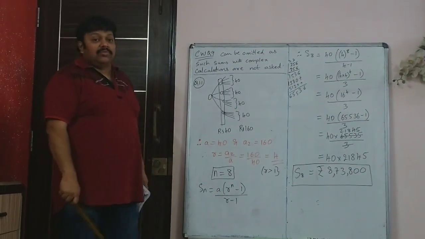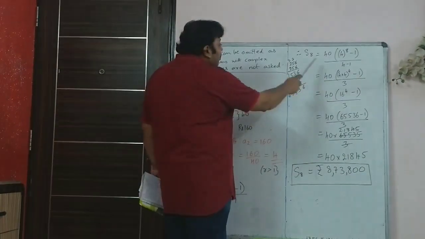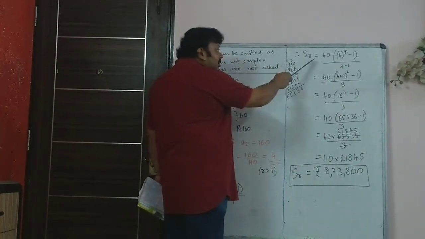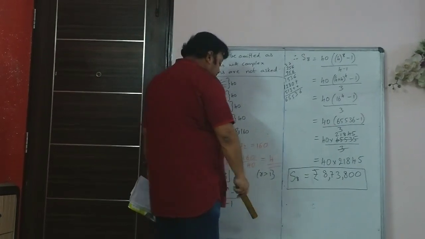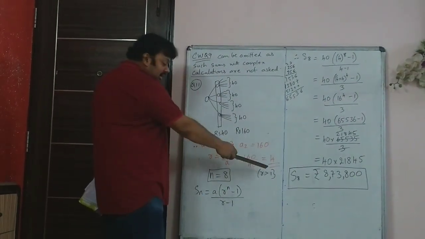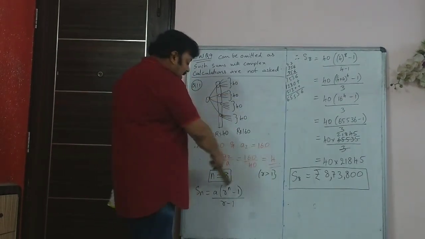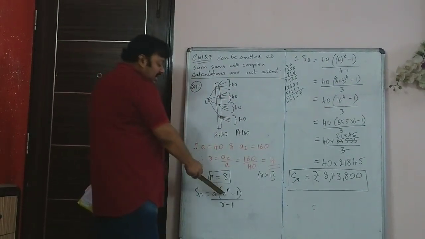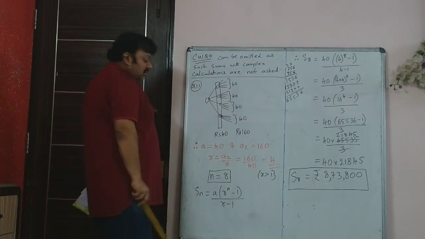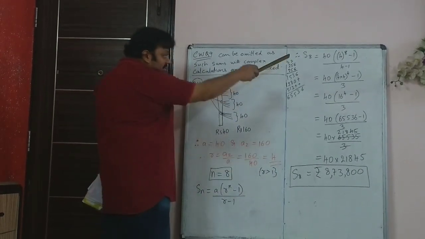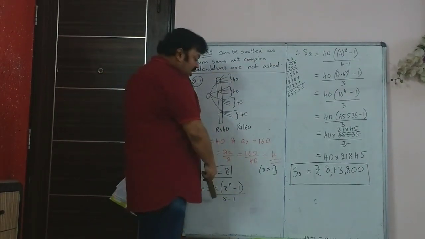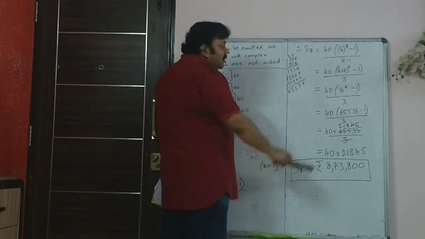10 rupees per person. So 10 rupees per person, the 8th set of numbers, you are using the r greater than 1 formula. So from that you will get a, which is 40, r is 4, n is 8, minus 1 upon r minus 1, which is 4 minus 1.